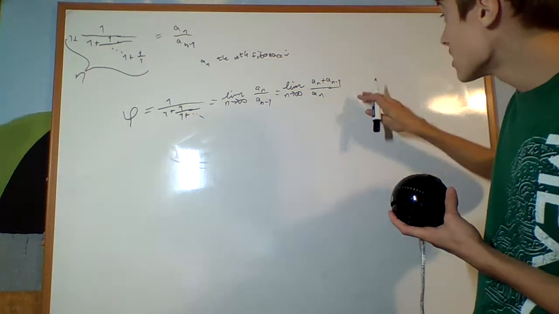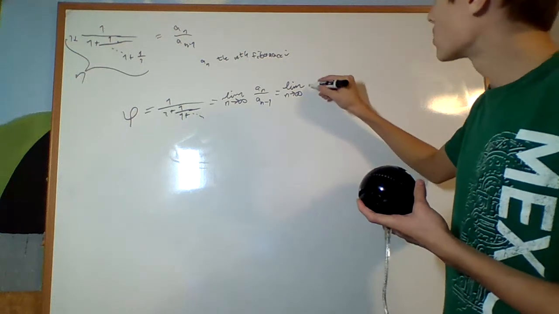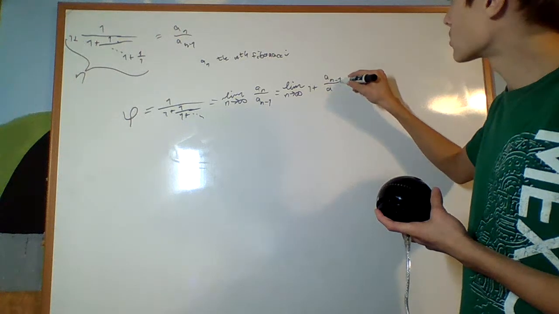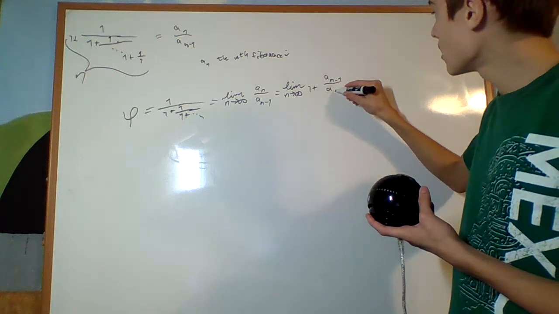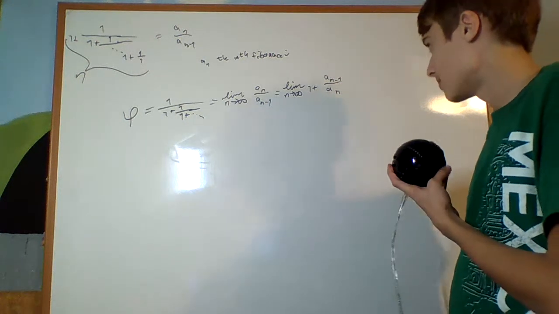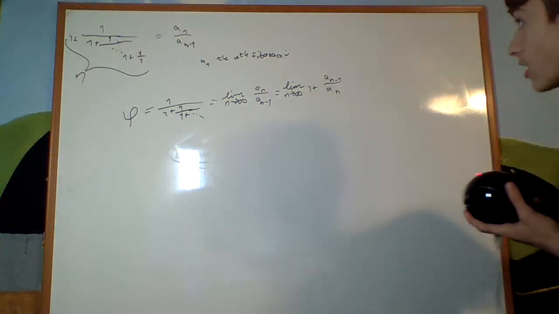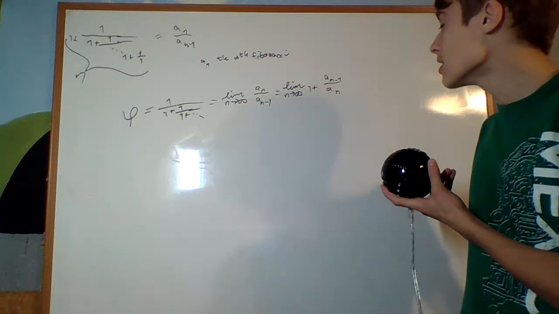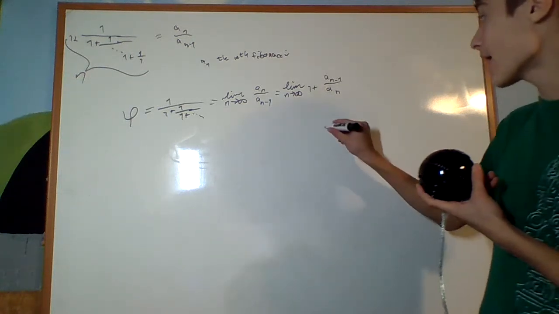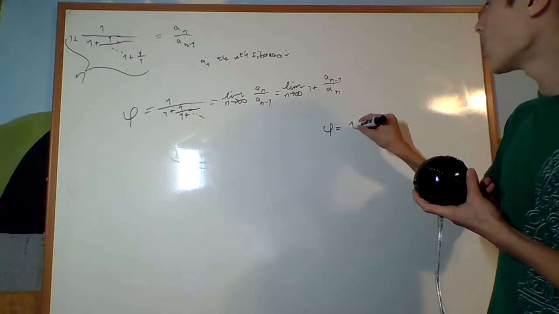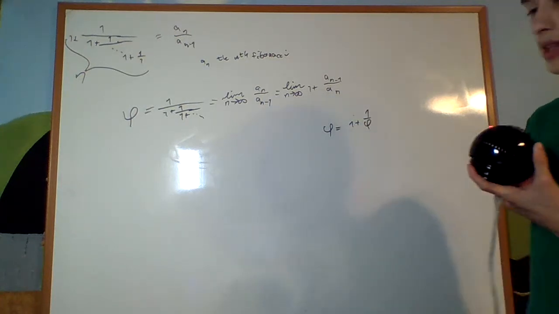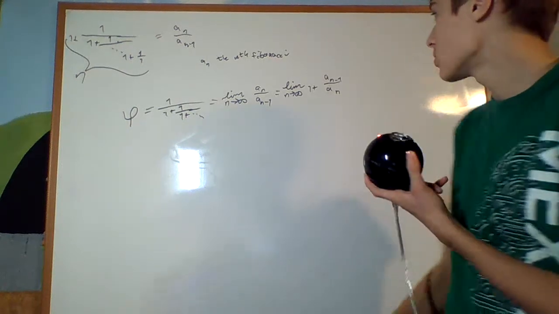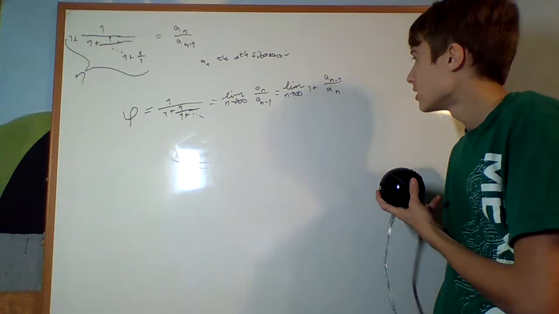And you can see that we can split this up into 1 plus an minus 1 over an. This is what we're left with. And you can see this is exactly what we had for the phi. For phi, we had phi equals 1 plus 1 over phi, right? This is the same condition, right? But we have to make it formal.